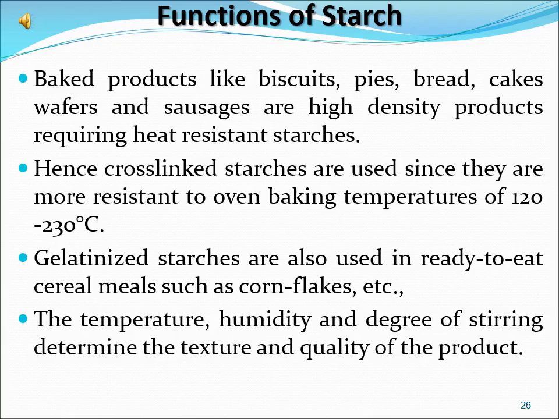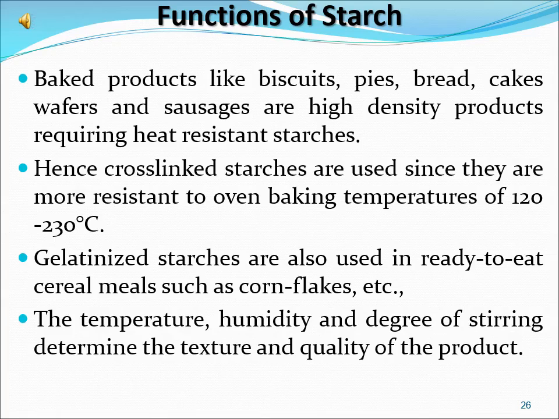Baked products like biscuits, pies, bread, cakes, wafers and sausages are high-density products requiring heat-resistant starches. Hence, cross-linked starches are used since they are more resistant to oven baking temperatures of 120 to 230 centigrade.